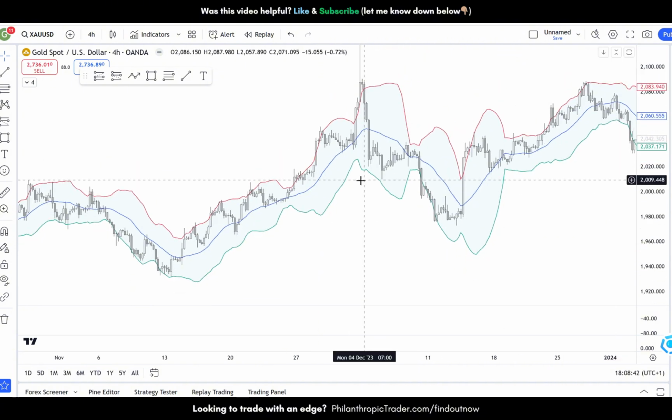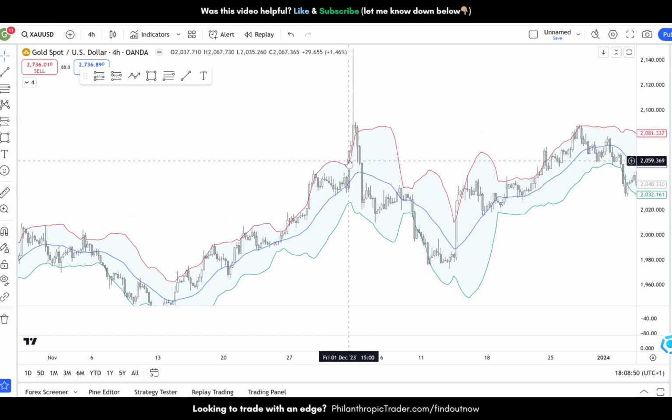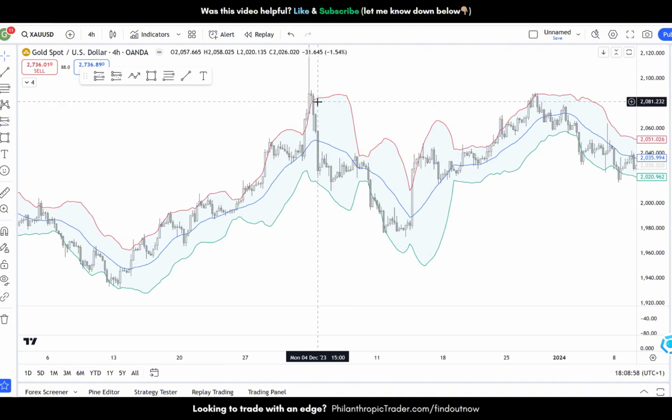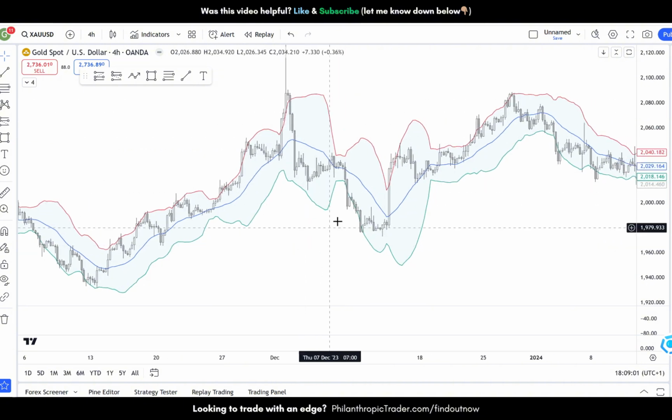Over here, it's a nice example. We see that the bands expand when this candle is going to the upside, but especially this one, it was a huge candle, and then we see that the bands expand, and then when there is less noise, there are not many big candlesticks, we see over here that there's less volatility, and the bands are quite small, right?